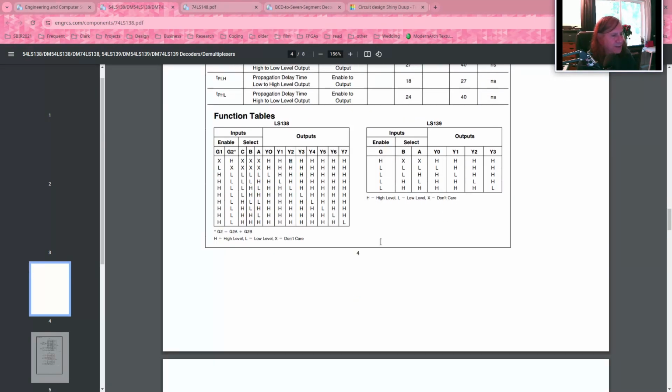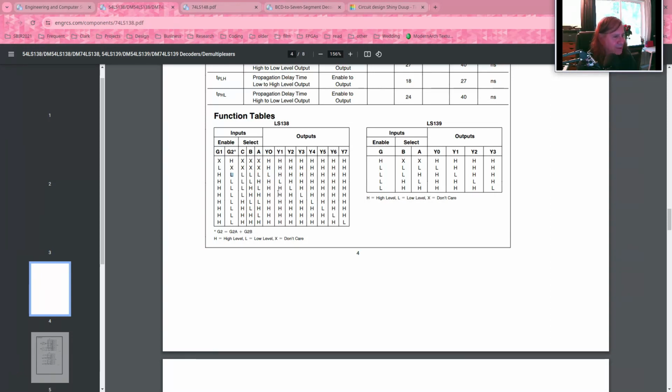And if we take a closer look at this truth table for the 138, we notice that if G2 star is high, the outputs are high. Everything else is ignored. And if G1 is low, the outputs are high and everything else is ignored. And the only time this chip does anything interesting is when G1 is high and G2 star is low.